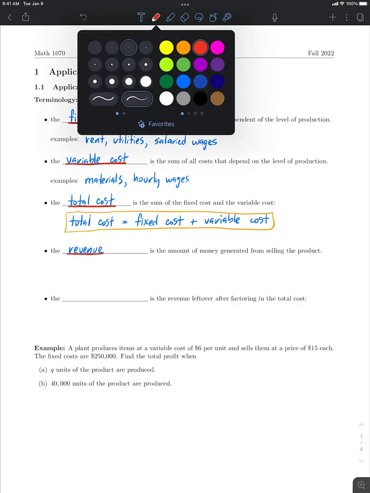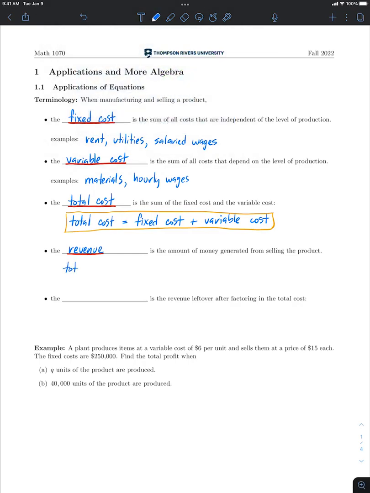It's fairly straightforward. So I'll just say total revenue is going to equal the number of units sold, and that's going to be multiplied by the price of each unit.